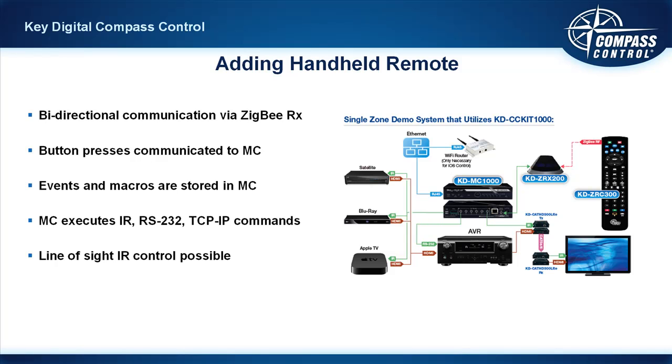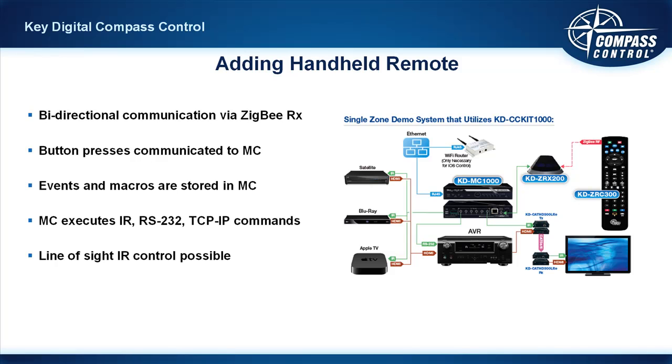So in the case of having your handheld remote control, the KD MC1000 actually now becomes the brain of the system. So when you press a button on the handheld remote control, it just communicates to the master controller what button has been pressed. The events and macros and all of those things are actually stored in the master controller, and of course executed by the master controller.